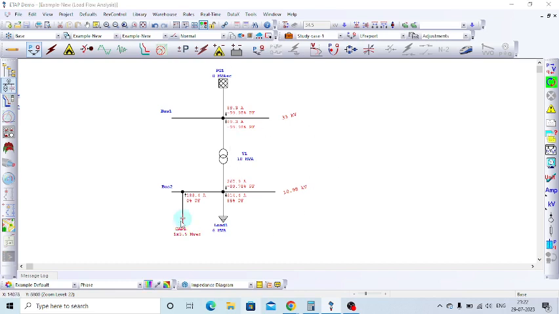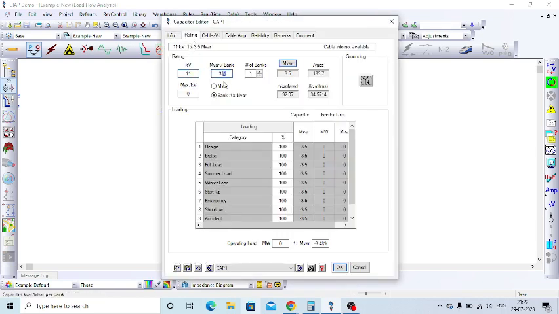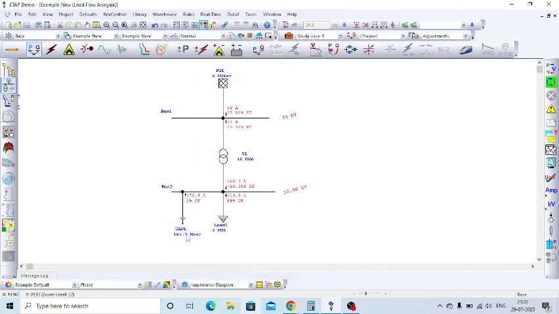So in order to avoid that, we have to limit the reactive power supplied by the capacitor bank. Okay, so now it is 99.98 percentage in positive, so it means lagging power factor. So it means the reactive power is not flowing back to the grid.